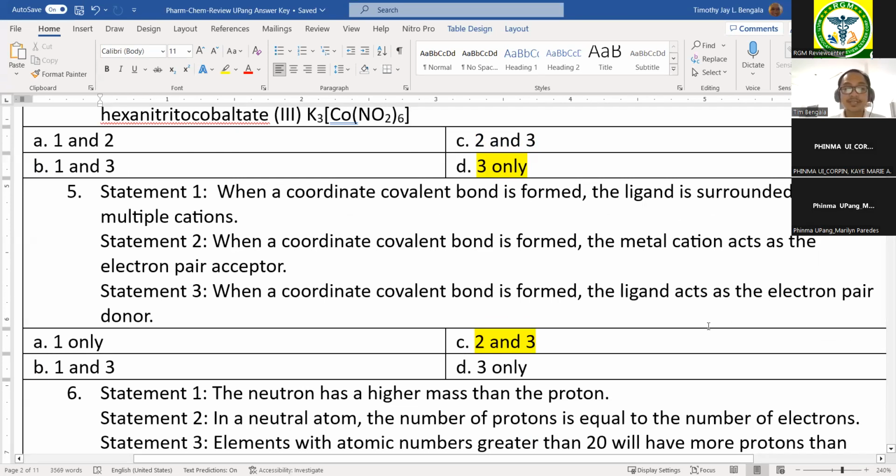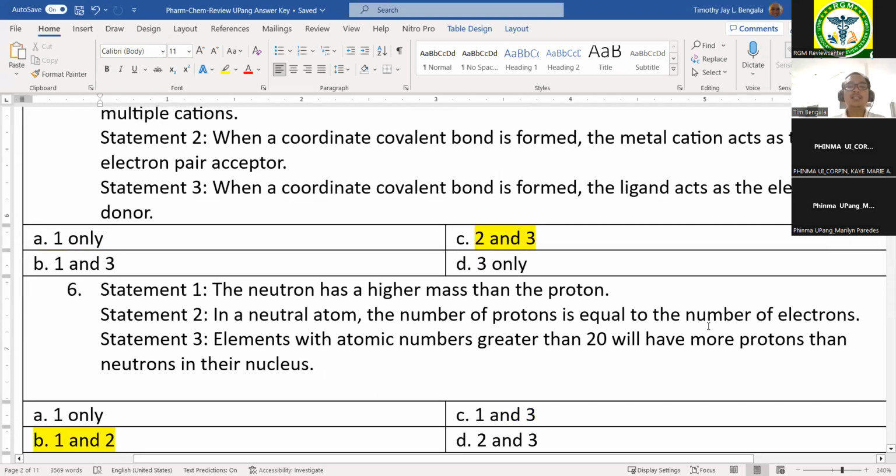Next is number 6. The neutron has a higher mass than the proton. That is correct. So yun yung highlight natin, na mas mataas yung mass ng neutron. And for an atom, heavier elements, di ba, have more neutrons than protons, and that explains bakit meron different isotopes.